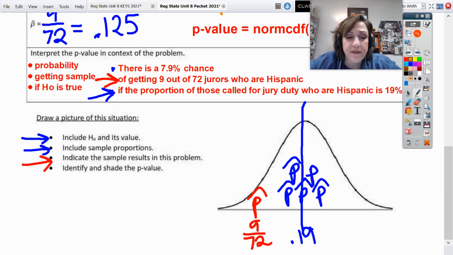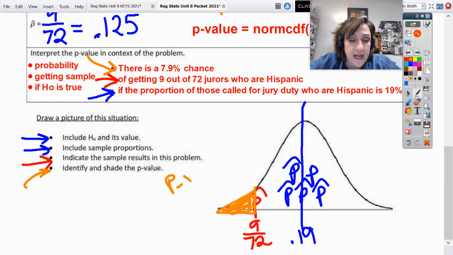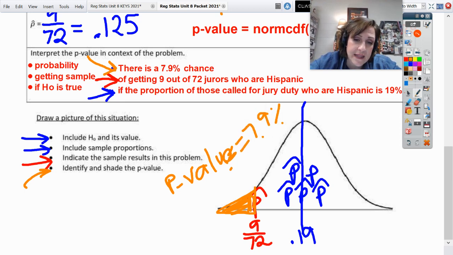And then identify and shade the p-value. That is this area here. That is, there is a 7.9% chance. So I'm going to identify it. This is the p-value equals 7.9%. And that's that right there.